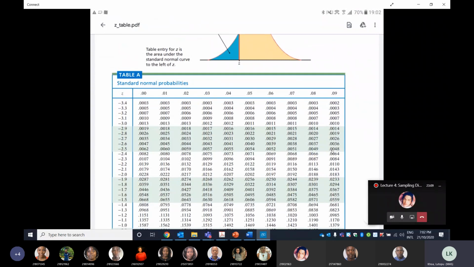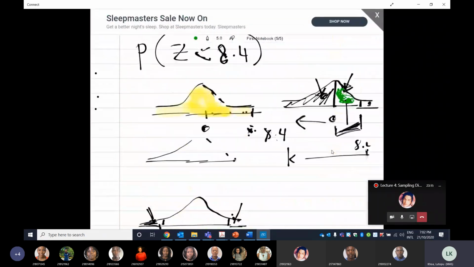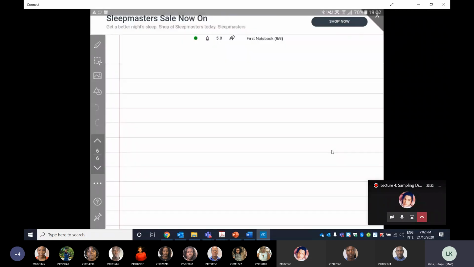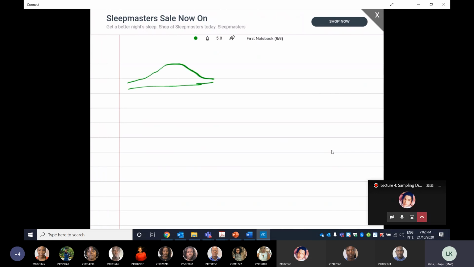Okay, so if we go back, from our table, what we have is, if we have a normal distribution like this, the area over here is approximately equal to 0.